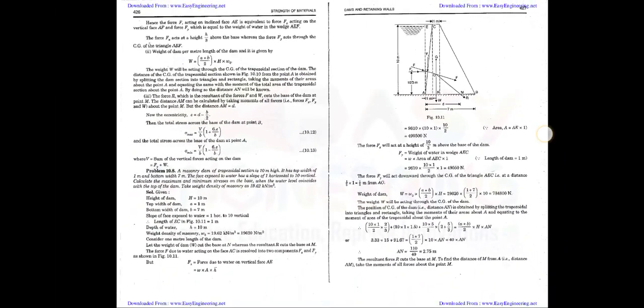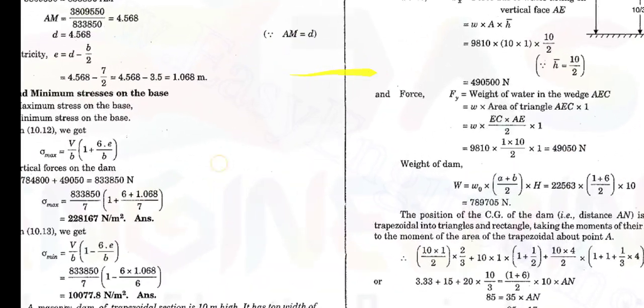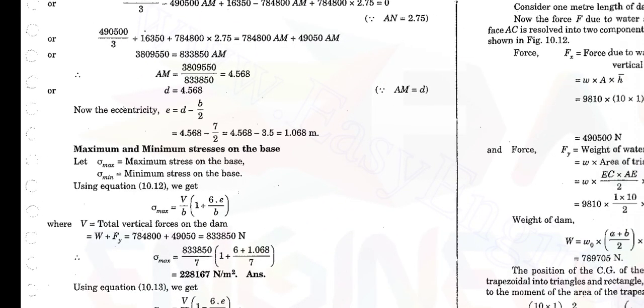After substituting the D value, the minimum and maximum stress can be found using the eccentricity. Eccentricity is d minus b by 2, where the d distance is 4.568 minus the b value 7 by 2, so 1.068 meters is the e value.